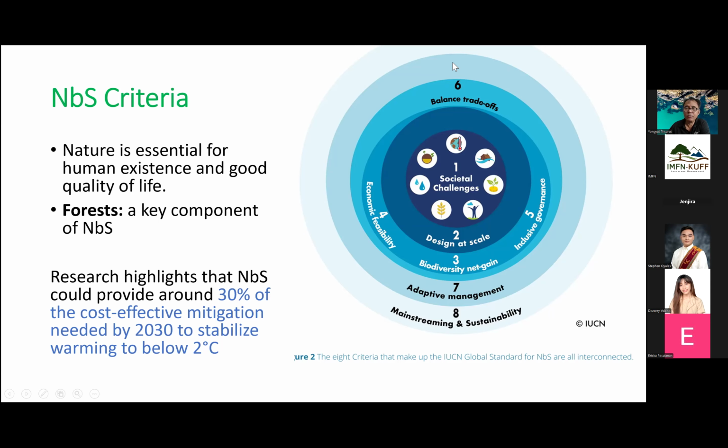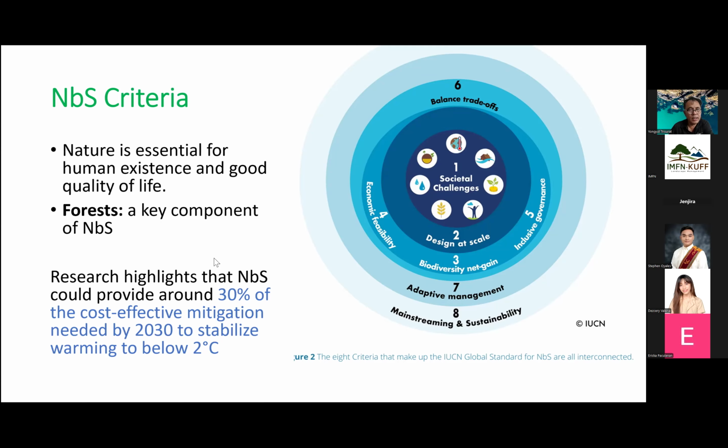It means it promotes participatory management and balances the trade-off, not only to biodiversity, or to economic, or to social, but it has to capture key components of nature, society, and culture. And usually forest activities are the main component of nature-based solutions.